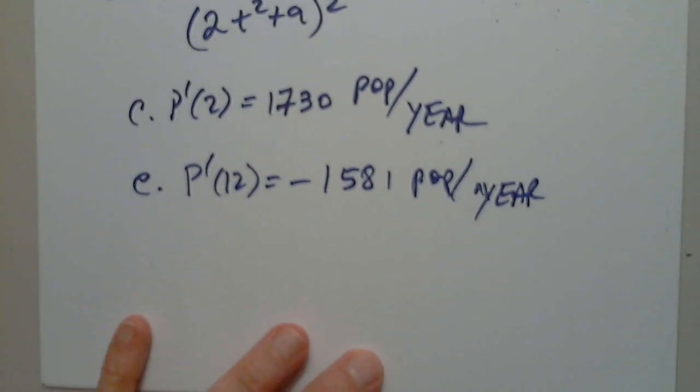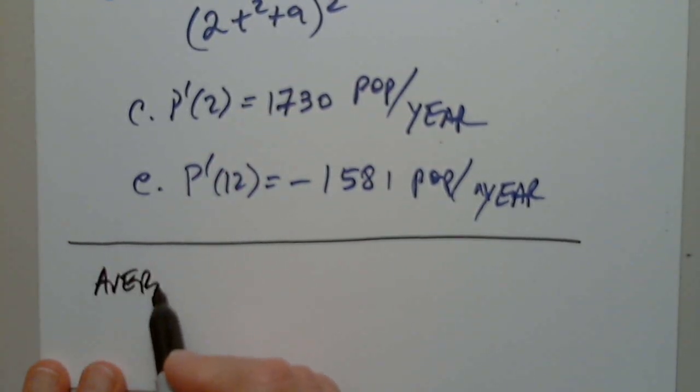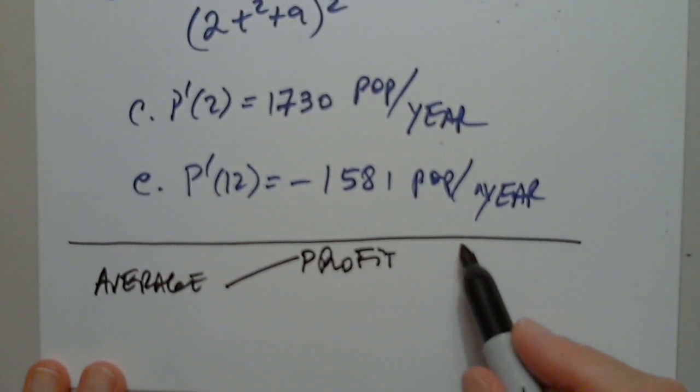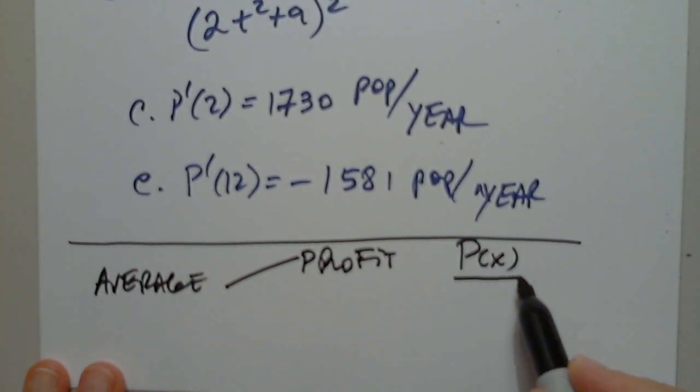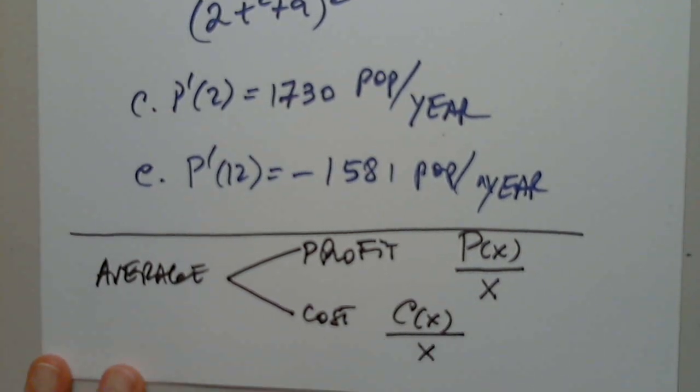So when we talk about average profit, we're looking at the profit function divided by the number of units. When we talk about the average cost, we talk about the cost divided by the number of units.